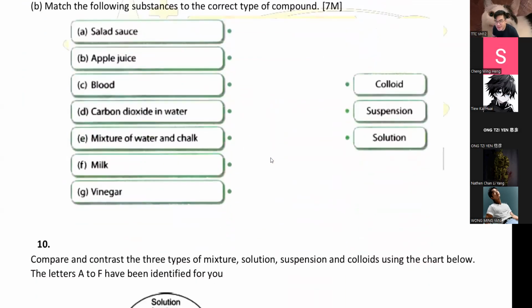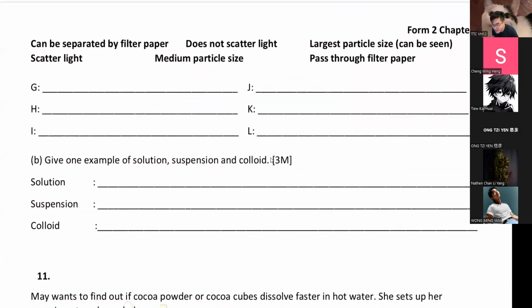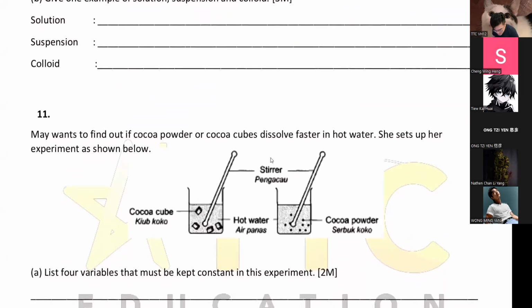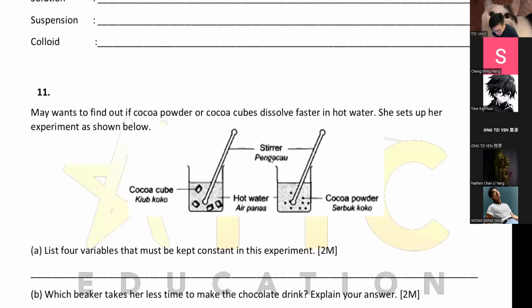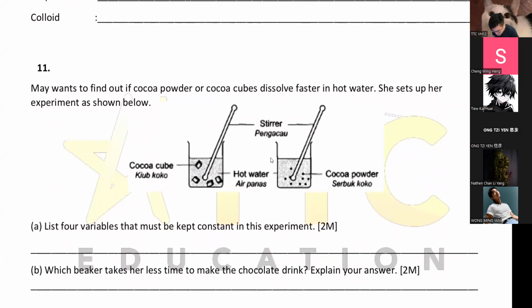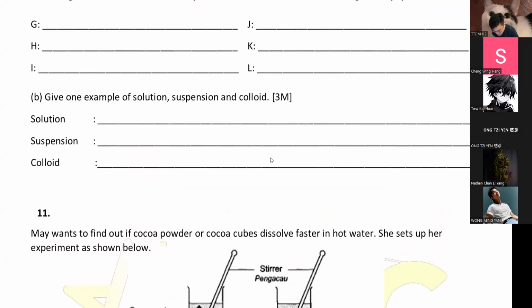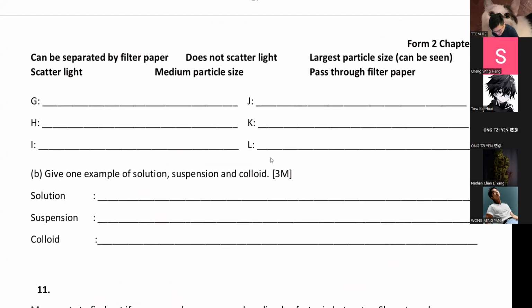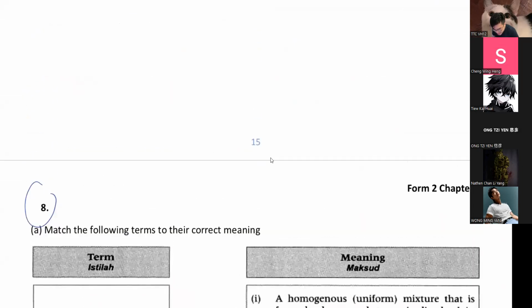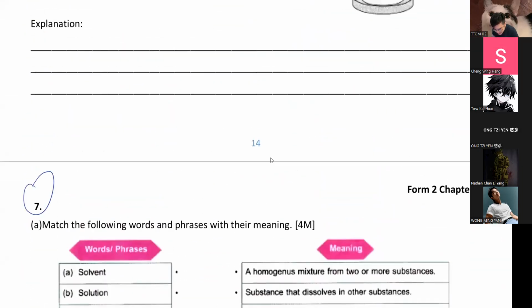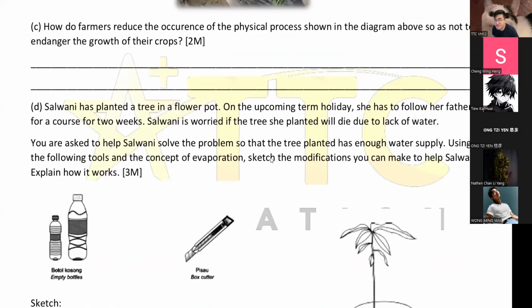Okay, 5, 7, 8, 9. I shall discuss with you later. Question 11, this one is solubility. Okay, it's a bit too much. You know what? Please do 5, 7, 8, 9.